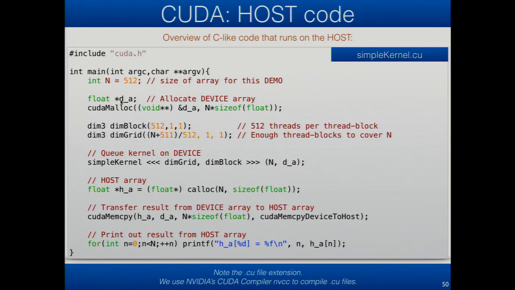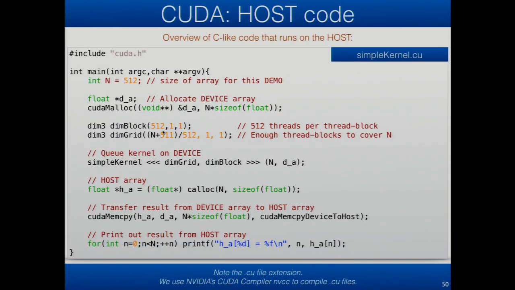So CUDA malloc is going to basically set the value of that pointer to be a pointer that's valid for the device. I really discourage treating that like a host pointer. Don't try and dereference that pointer from the host. You want to treat it as dangerous. Never dereference that pointer on the host.